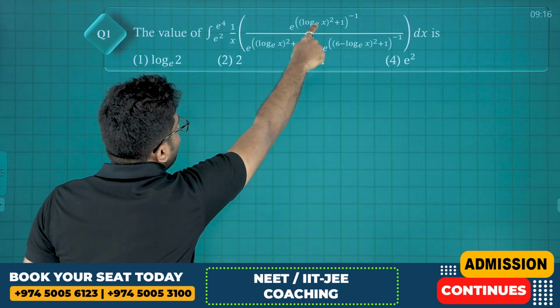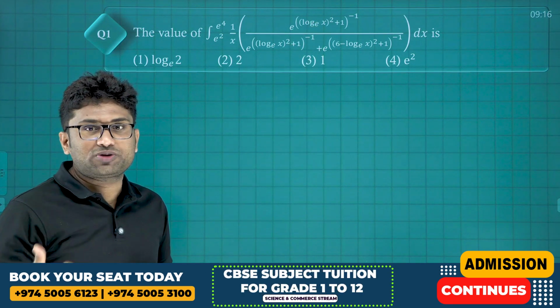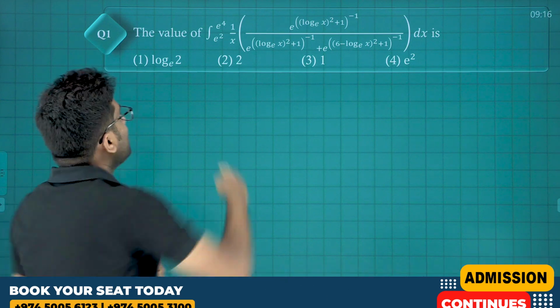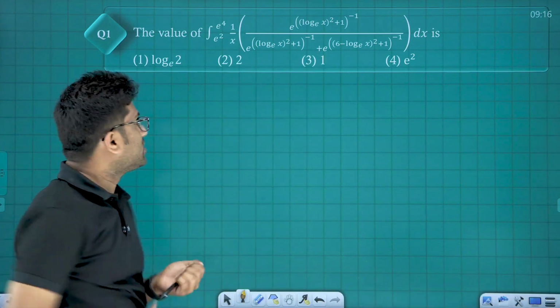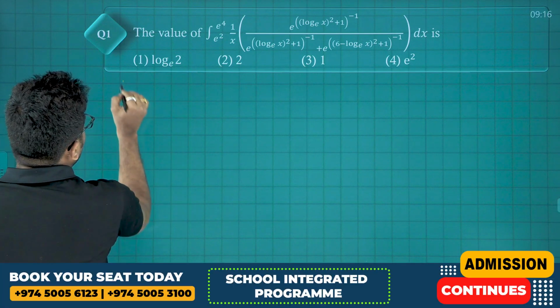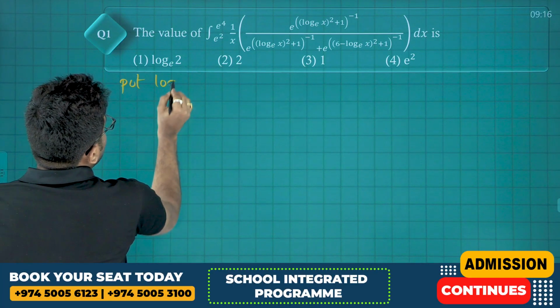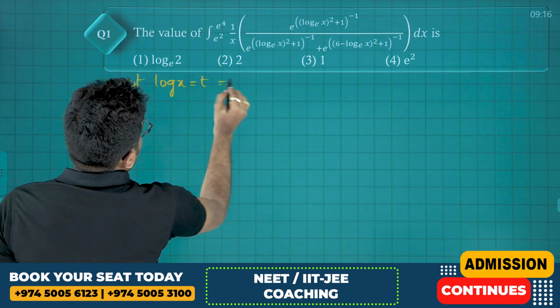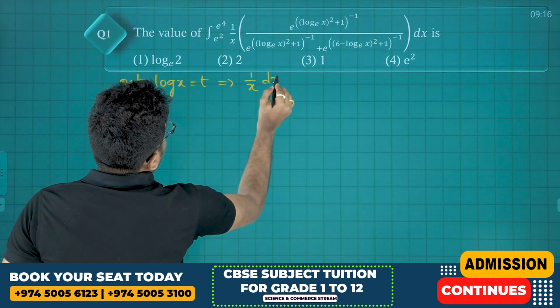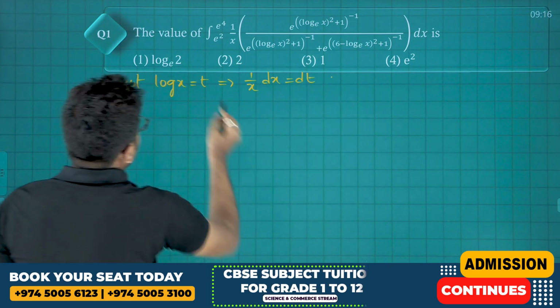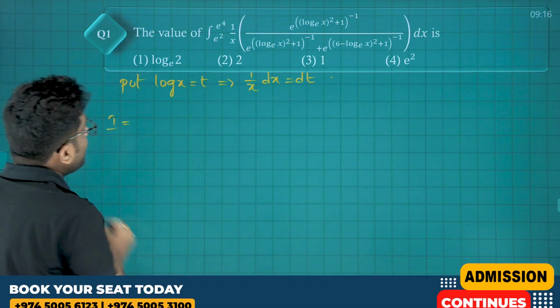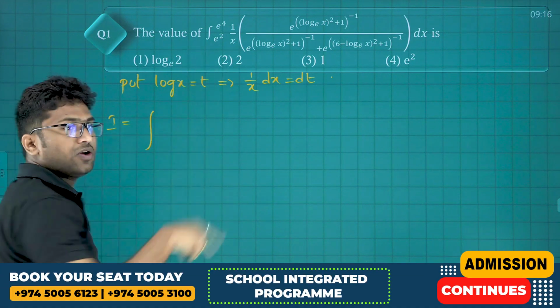Just take log x equals t by using the substitution method. Log x equals t, so 1 by x dx will be dt. See how the problem changes now. Put log x equals t, which implies 1 by x dx will be dt. Let me take this as I. Even the limits will change.